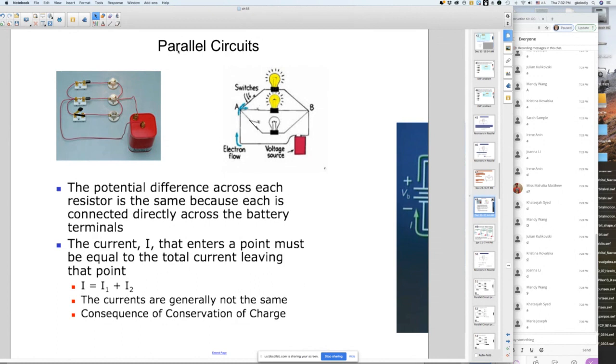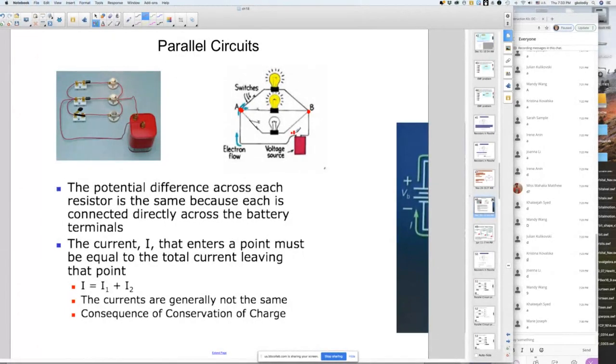And in this case, the potential difference, the voltage across each bulb, is exactly the same because they're all connected across the battery terminals. This point is common for all of them, and this is like the negative voltage terminal.